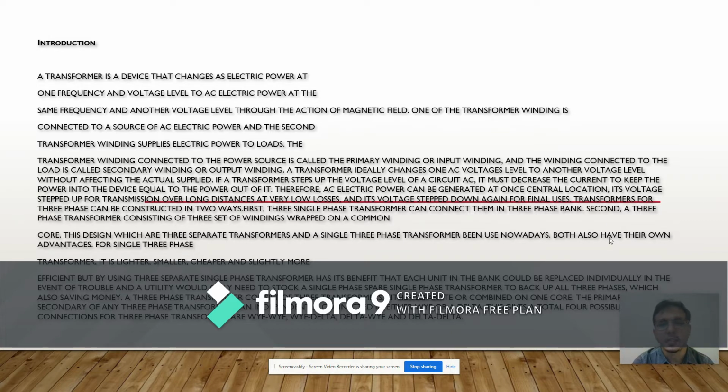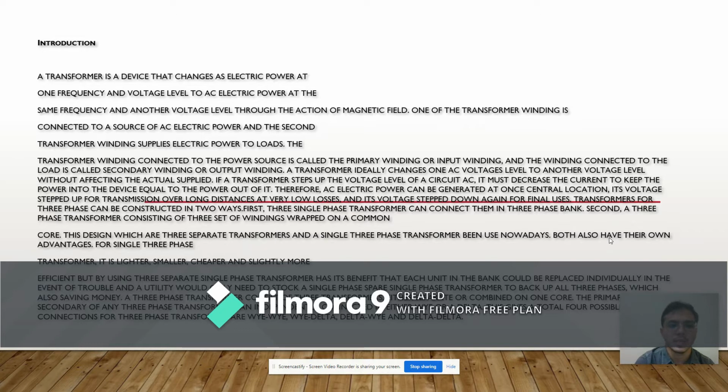Therefore, AC electric power can be generated at a central location, its voltage stepped up for transmission over long distances at very low loss, and its voltage stepped down again for final use.